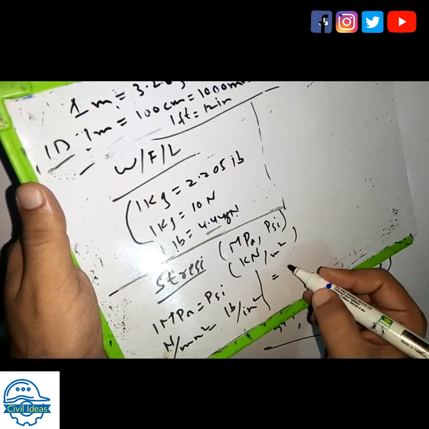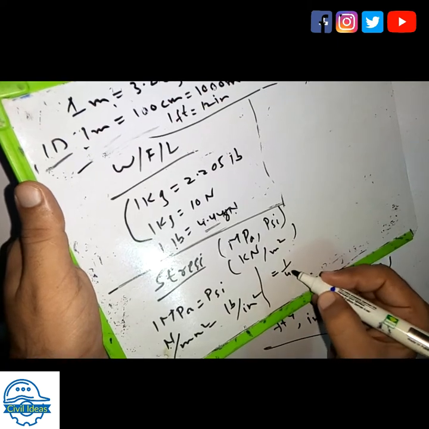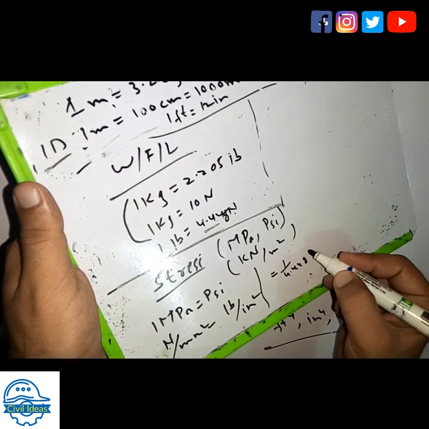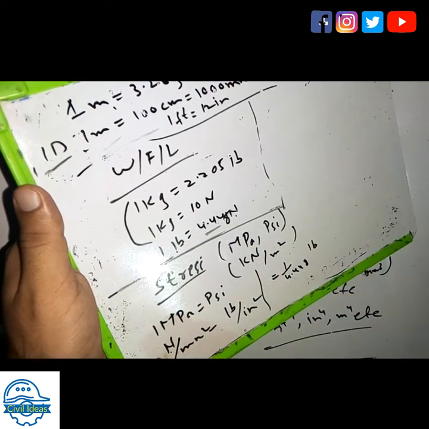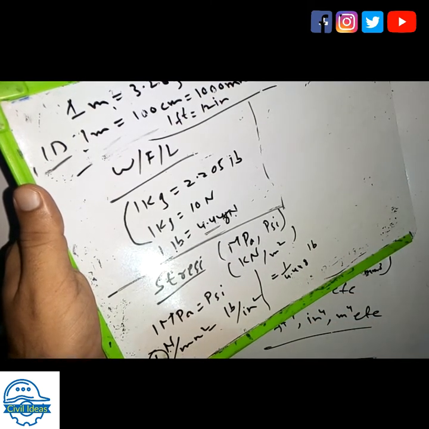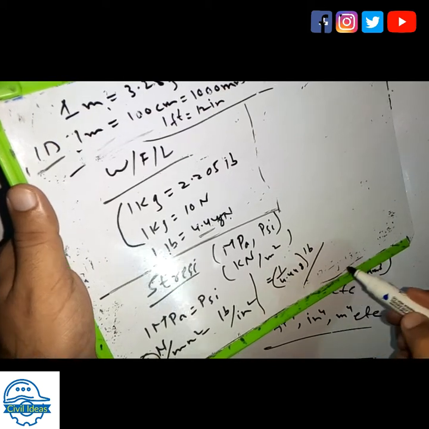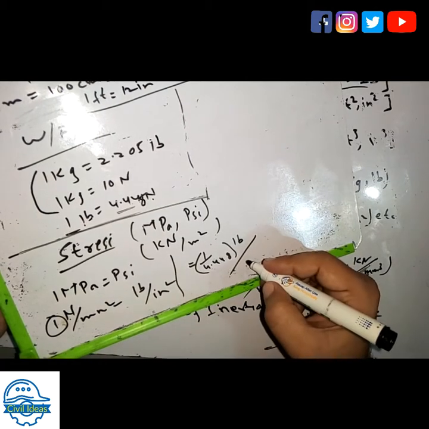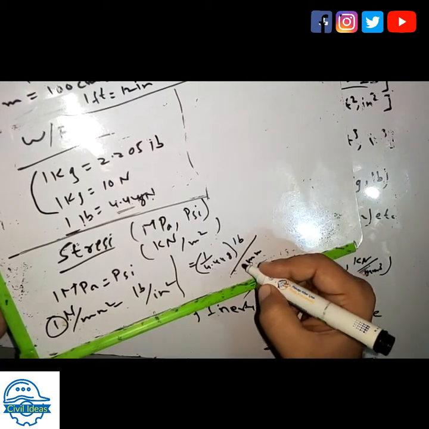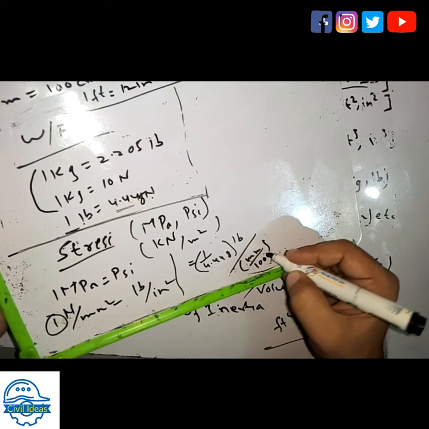So 1 divided by 4.448, it will be converted into pound. This one will be converted into pound, and now we will convert the mm. First you can convert this mm into meters, divided by 1000.